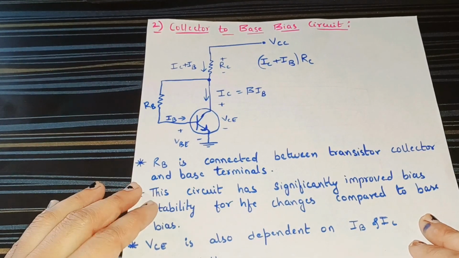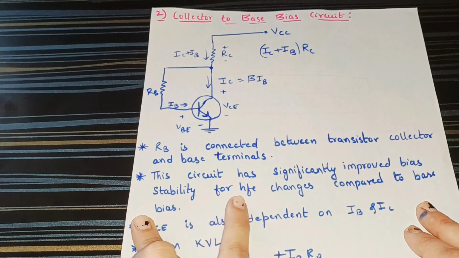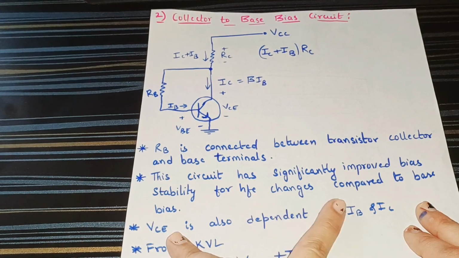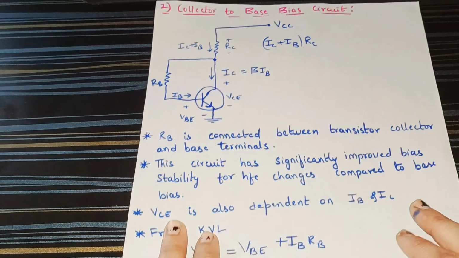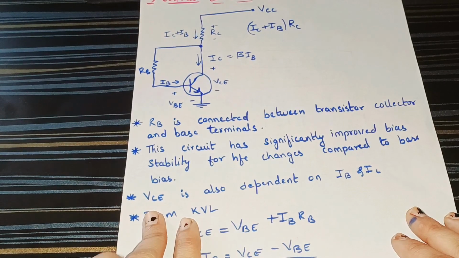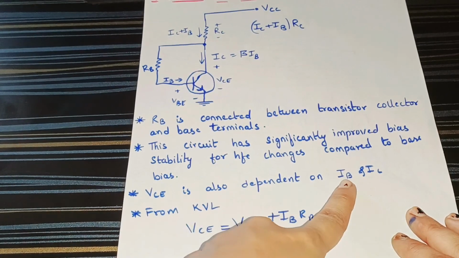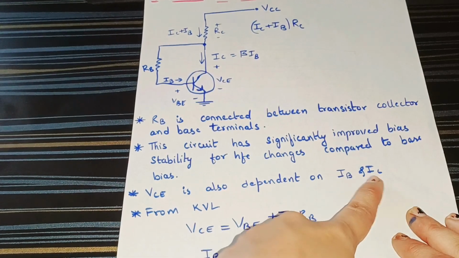Next, this circuit has significantly improved bias stability for changes in the hybrid parameter of current gain compared to the base bias, where the voltage across the collector emitter is also dependent on the base current and collector current.